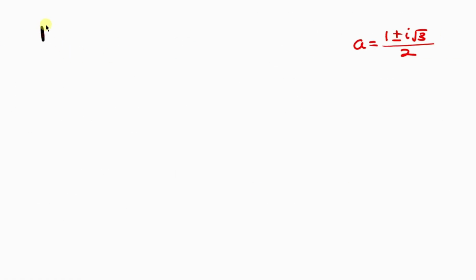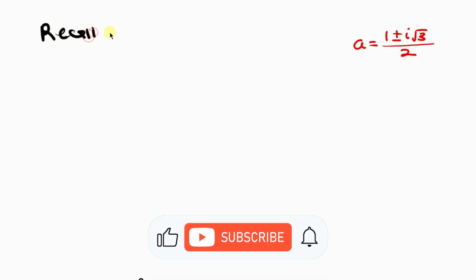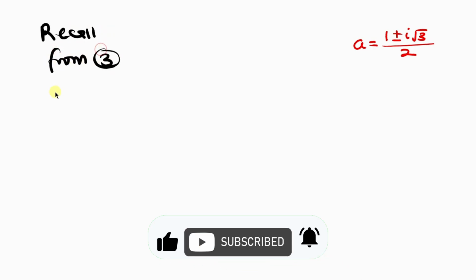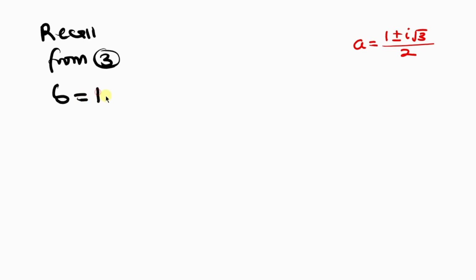Now recall what we said about b, which is from equation 3. From equation 3, our b is equal to 1 minus a, right? So we're going to be substituting here to get the value of b. So b is equal to 1 minus a. What is our a?